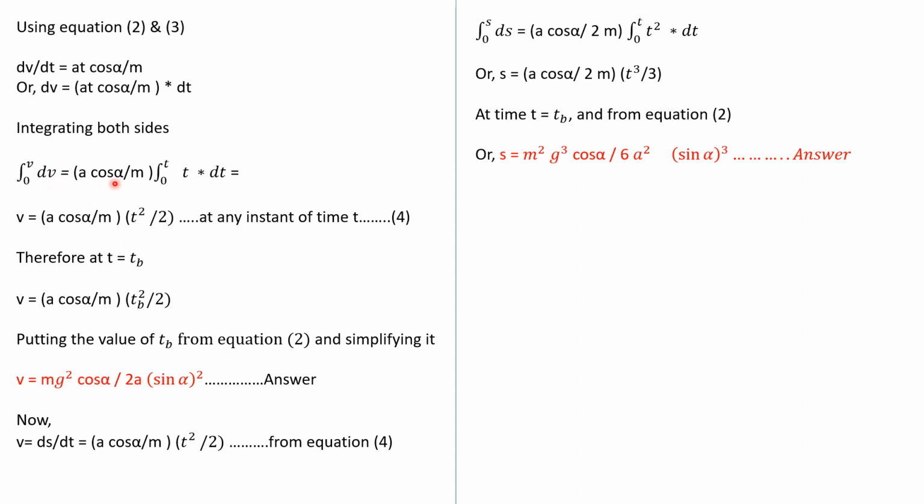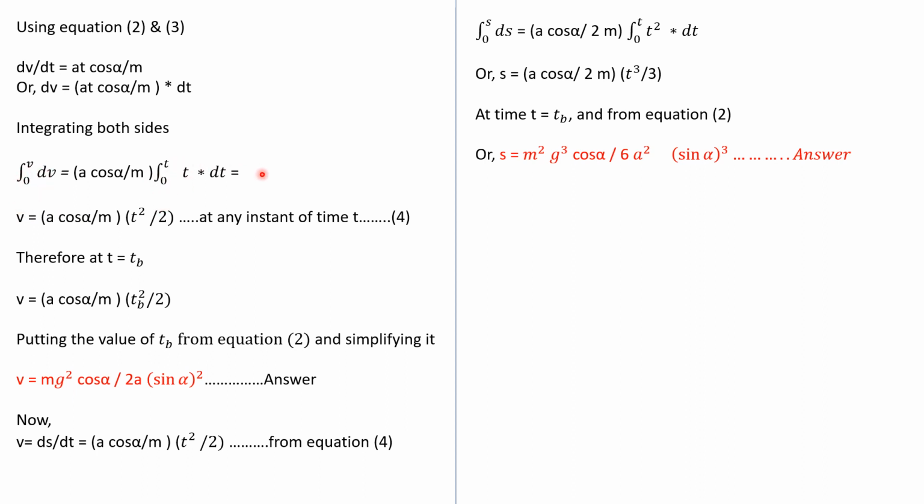Integrate both sides. v is variable, t is variable, and all the others are constant, so we keep the constants outside. At any instant t, which is less than t_B, we consider that the velocity of the body was v. It started with zero velocity, so on the left side we integrate from 0 to v, and t started when v was 0, so from 0 to t.